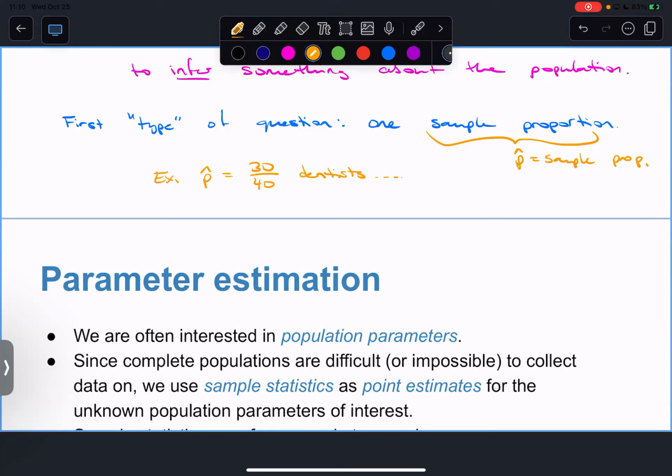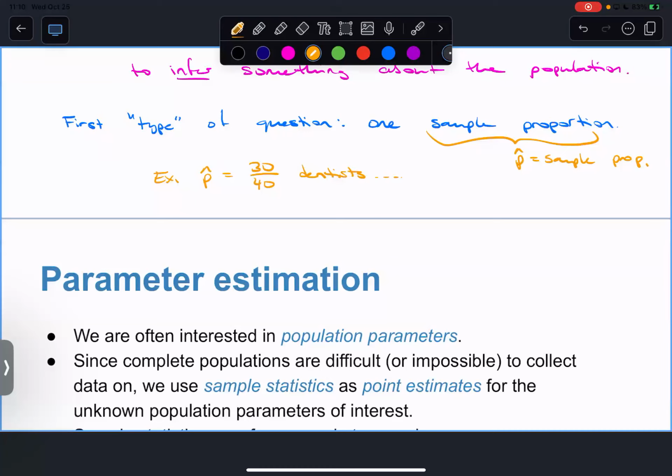Now, that's only out of 40 dentists, right? That's just a sample. What are we trying to infer? We're trying to use this sample proportion to infer something that applies to the entire population of dentists.